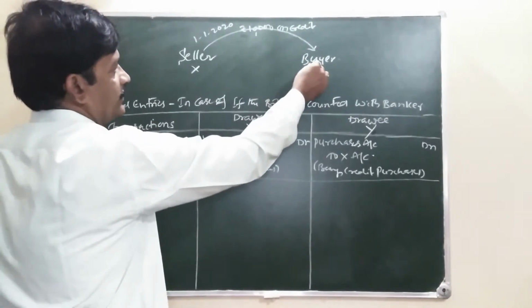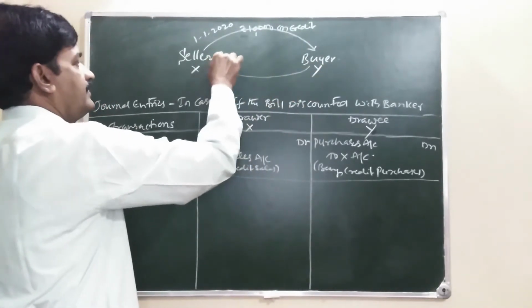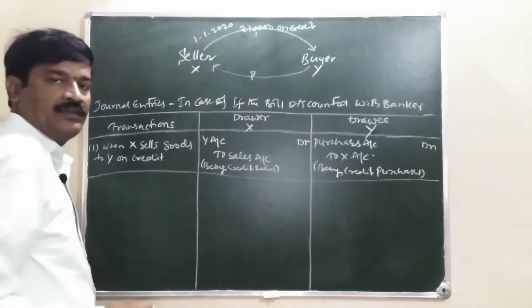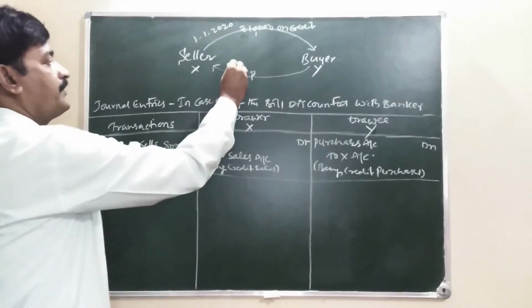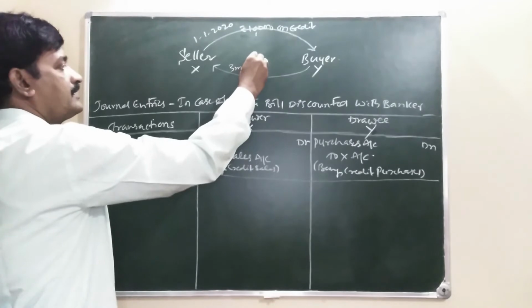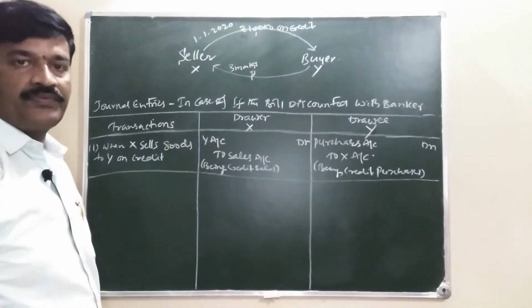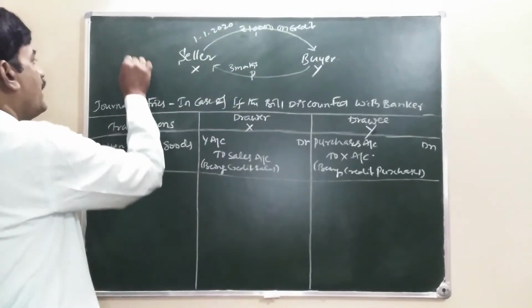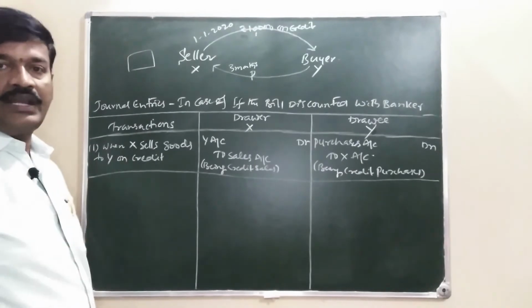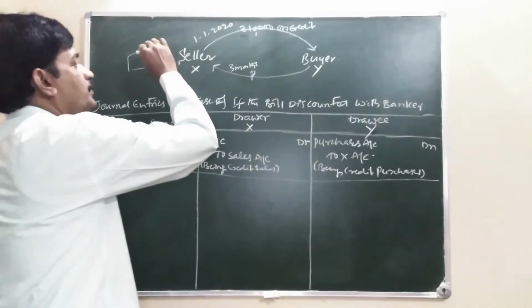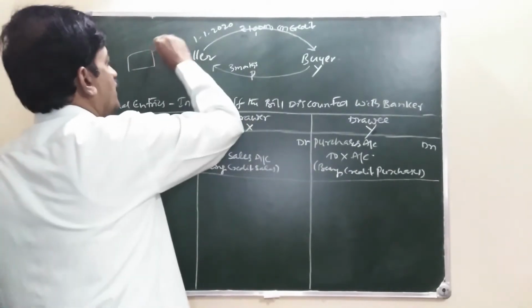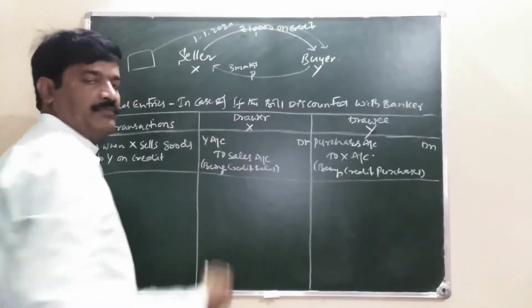After purchasing the goods, the buyer sends the promise: I will pay your amount after 3 months. For evidence of this promise, the seller prepares the draft and sends it to the buyer.